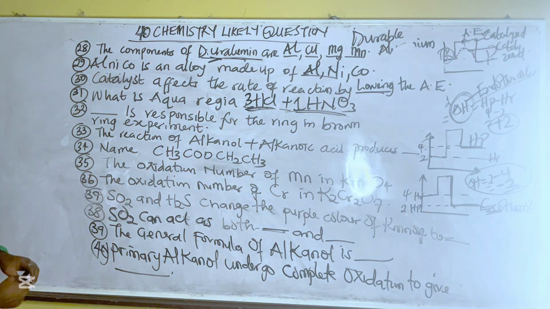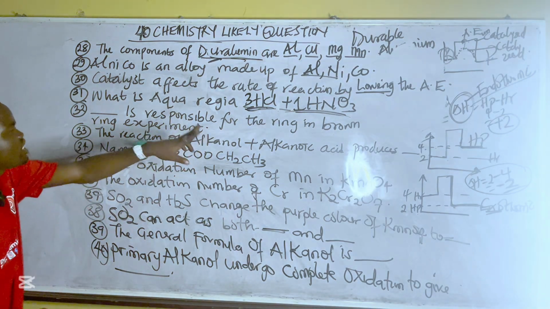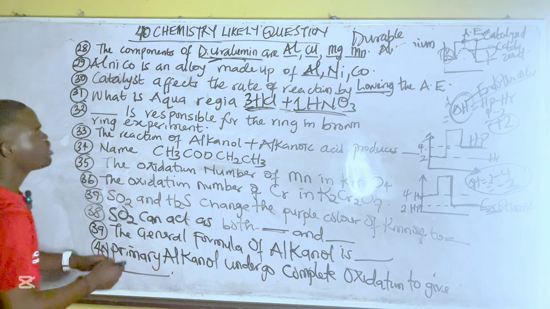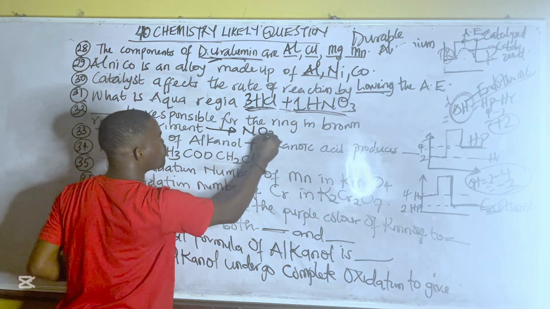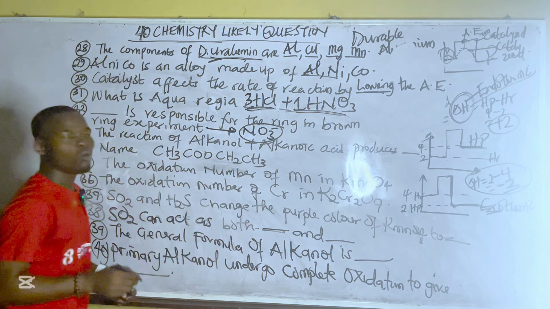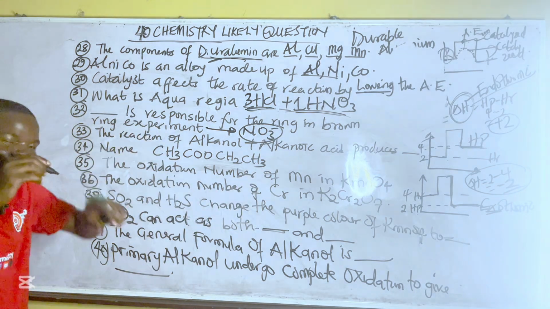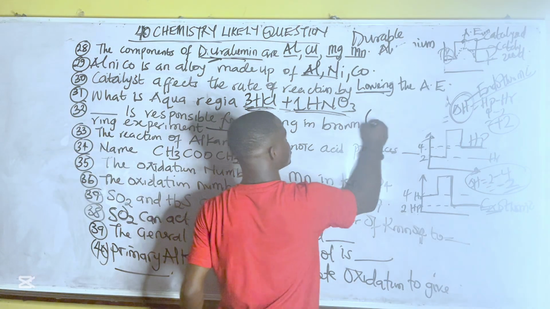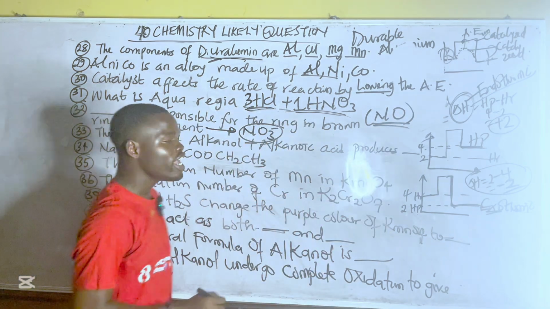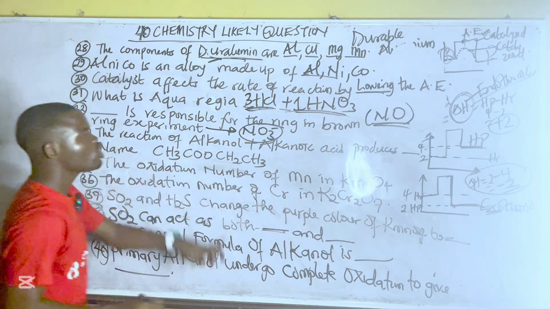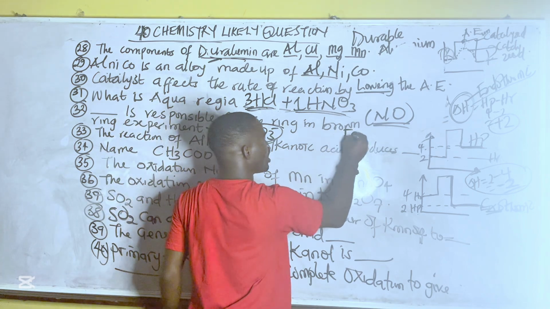Now, dash is responsible for the ring in brown ring experiment. Now, don't forget, the brown ring experiment is used for NO3 minus. But what is responsible for that ring nature is the presence of what? NO. Never forget this. NO. Because eventually, what you'll be forming is what?